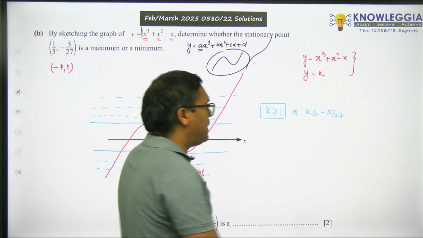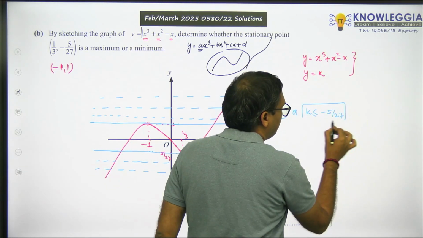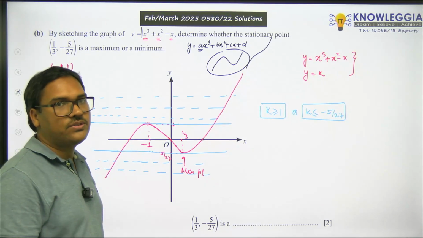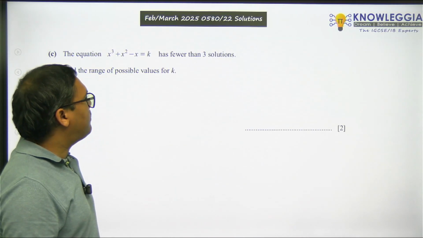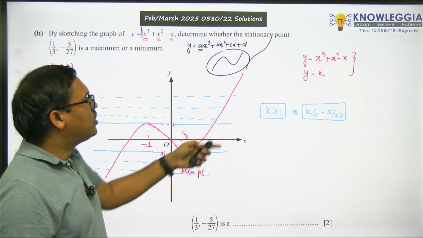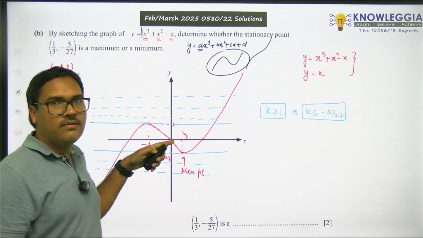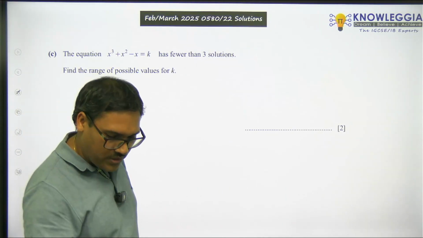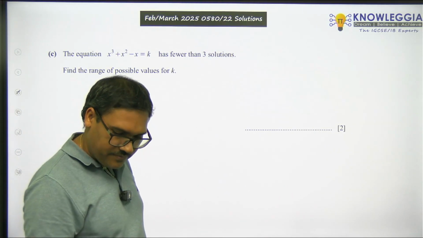So that is the answer. If k is in this range or this range, it will have fewer than 3 solutions. I hope this is clear. The number of points of intersection should be less than 3. That is the answer. Okay. So find the range of possible values of k. That is the answer for this one.